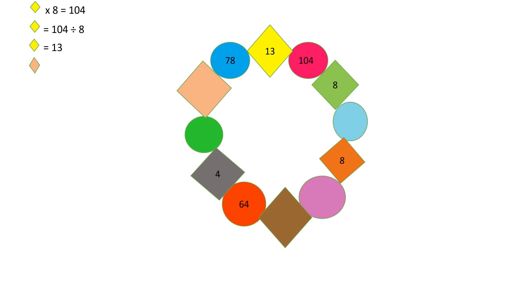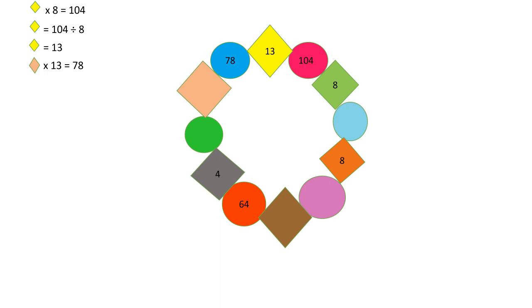Now, coming anti-clockwise, if we want to find the number in the light pink box, when we multiply it by 13, we should get 78.